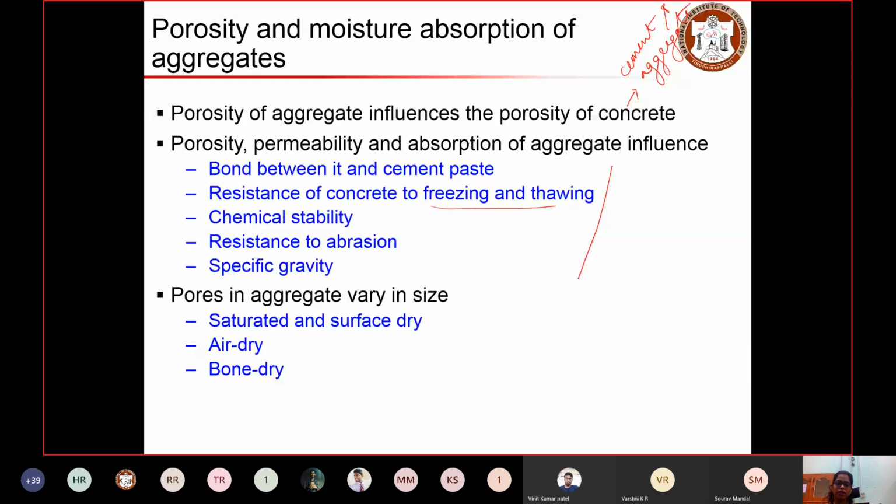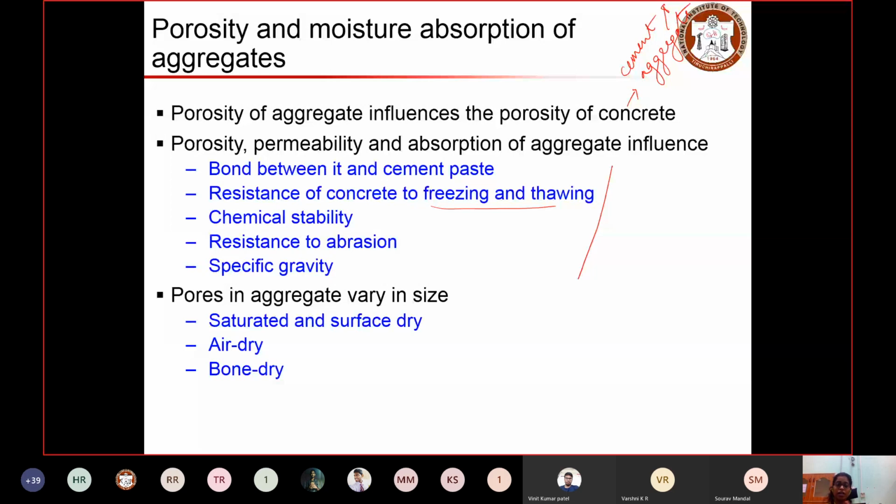If there is some space available in the concrete matrix, then the expansive stress will not be developed, right? So in such cases, we can prevent cracking. Whereas in the opposite case, it will be the reverse. So the resistance of concrete to freezing and thawing will be significantly influenced by the porosity of concrete.